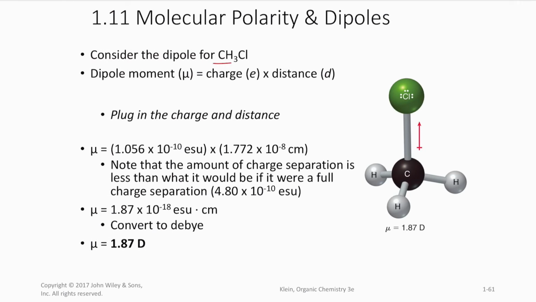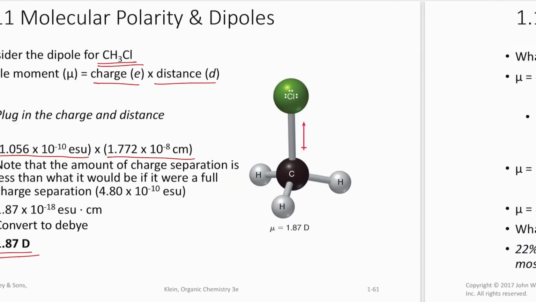Now, how do you calculate the dipole of a methyl chloride molecule? We need to know the charge and the distance. When you calculate the value, you get 1.056 times 10 power negative 10 and 1.772 times 10 power negative 8. This results in a final value of 1.87 debye.